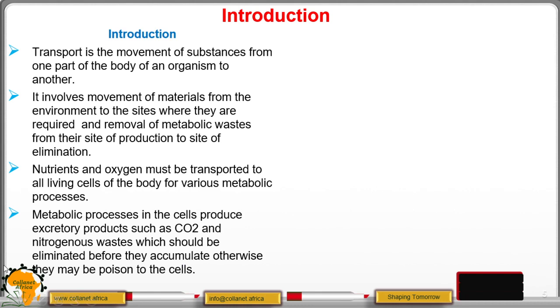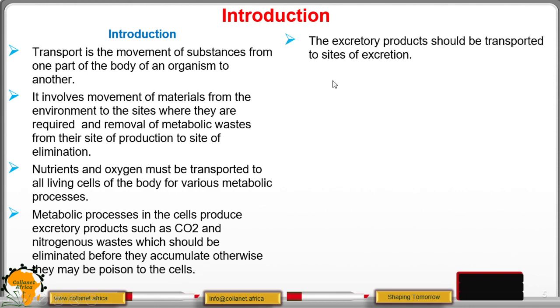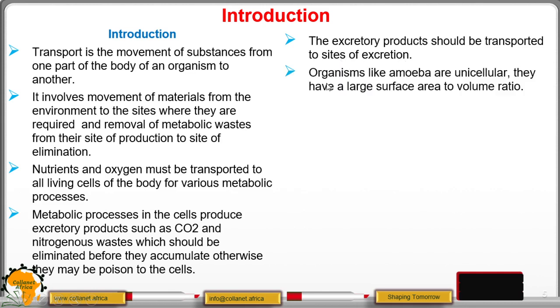Otherwise, if they are left to accumulate, they become poisonous or toxic to the cells. That means accumulation of these metabolic wastes will kill the cells. That is why excretory products should be transported to their sites or parts of excretion or removal.